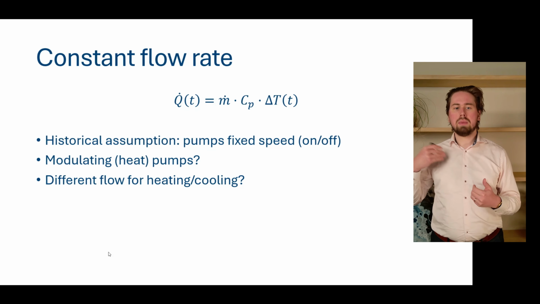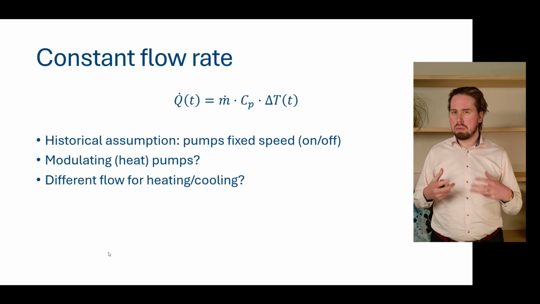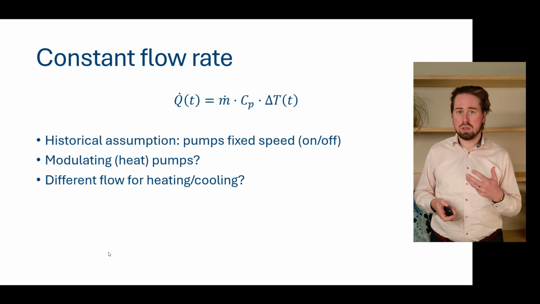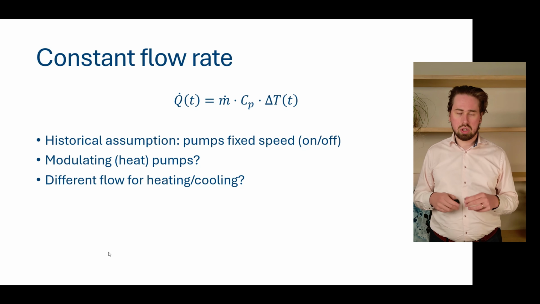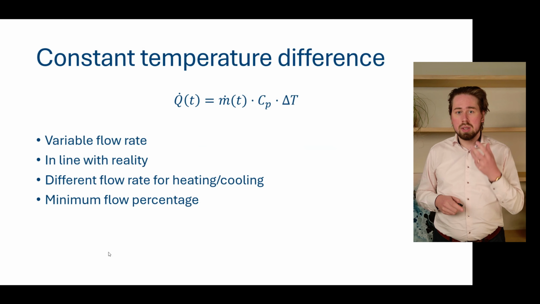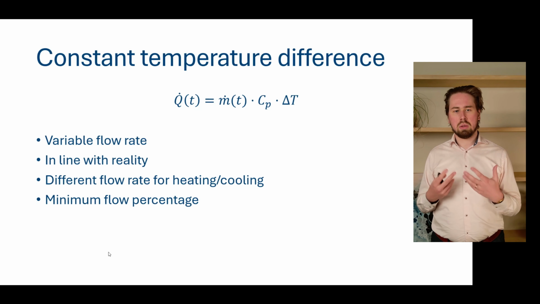When we have way more heating or way more cooling than the other mode, will they have the same flow rate? Probably not. So also here, constant flow rate can actually have some danger for undersizing your system, as we will show later in this video. So when we're working with a constant temperature difference, it's basically the same as saying we're working with a variable flow rate.